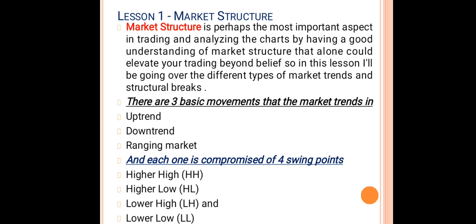These swing points include higher high, which is abbreviated as HH, then higher low, which is HL, lower high, which is LH, and lower low, which is LL. So these are the market trends.